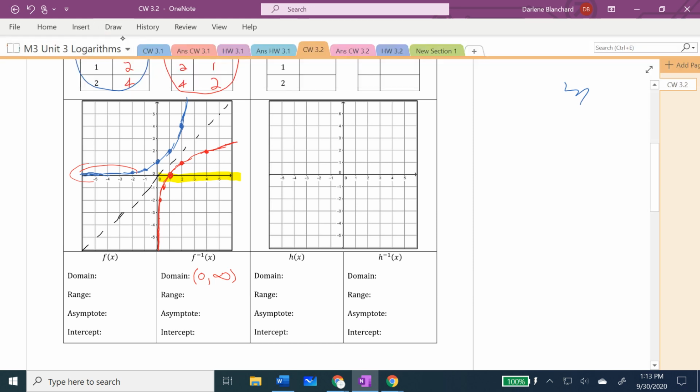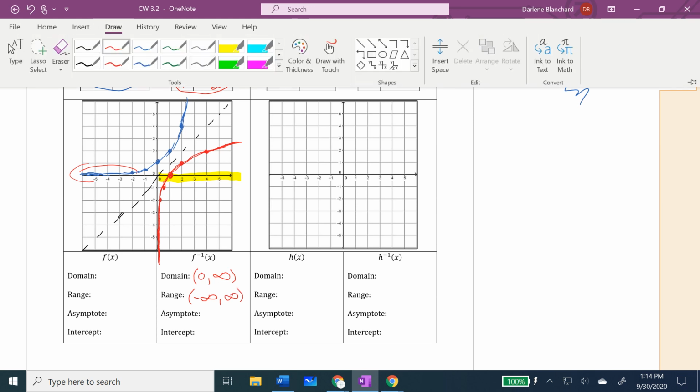Now the range is looking at vertically, where does this exist? And you can see the negative infinity down here. And this does continue to grow upward. It does head to positive infinity.